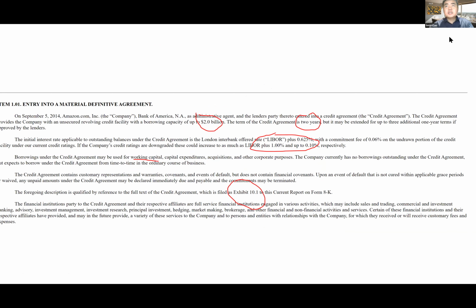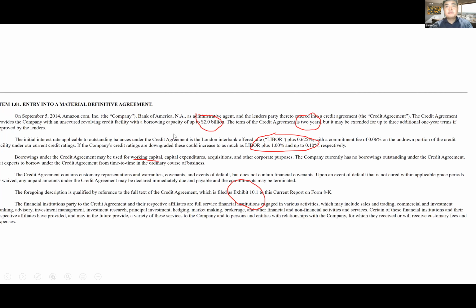So let's look at this simple item, 1.01. Can you guys see? This is item 1.01, a material contract. On this material contract, this is a contract with what?